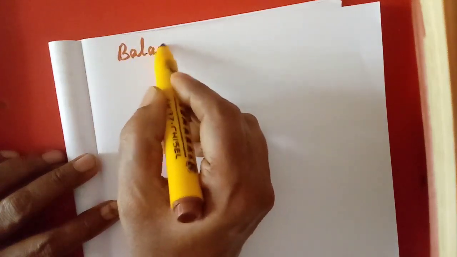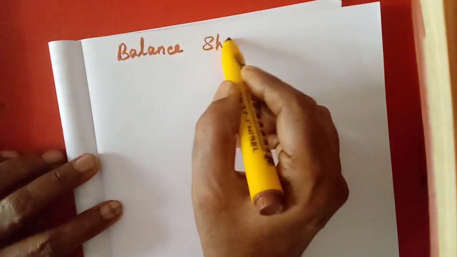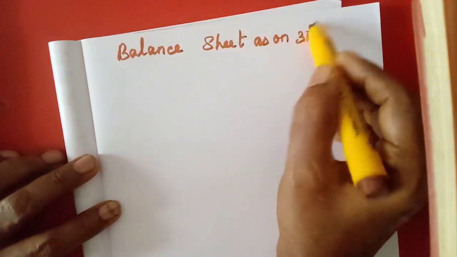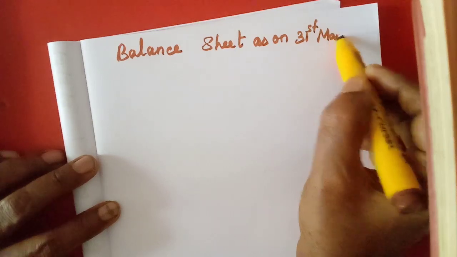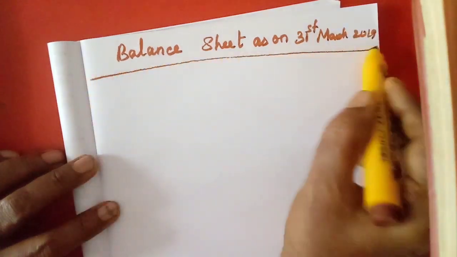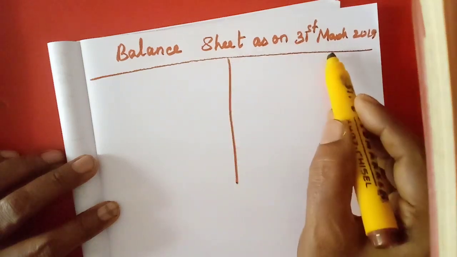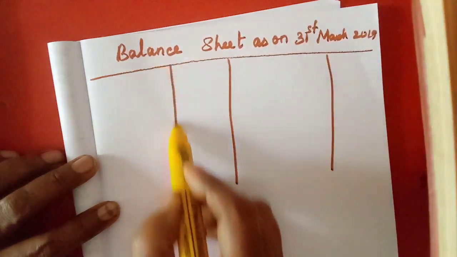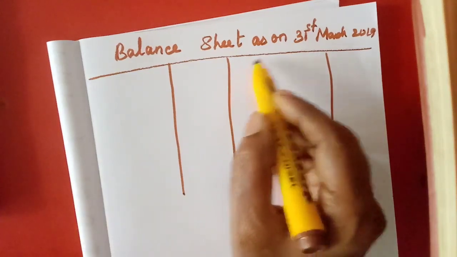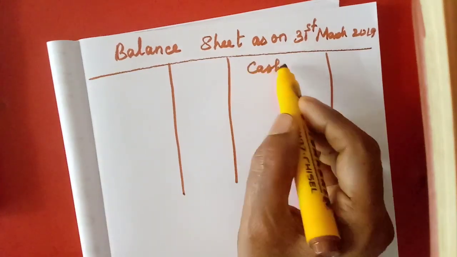Now we should prepare the balance sheet. Write the heading: Balance sheet as on 31st March 2019. First we can write cash from the cash book, the closing balance.